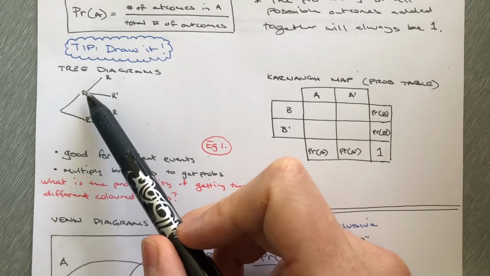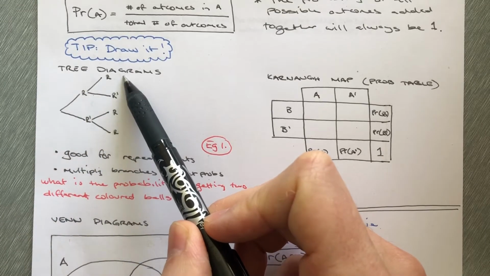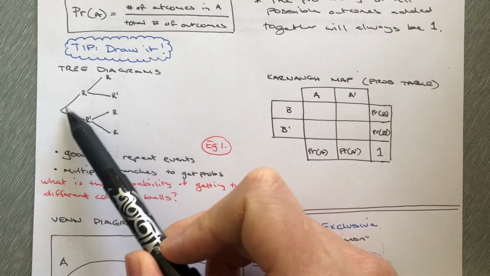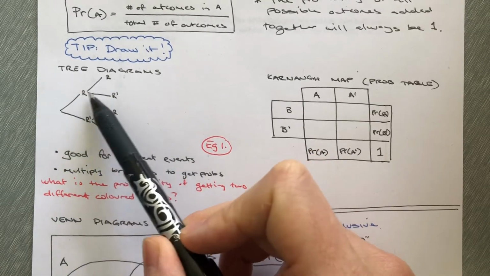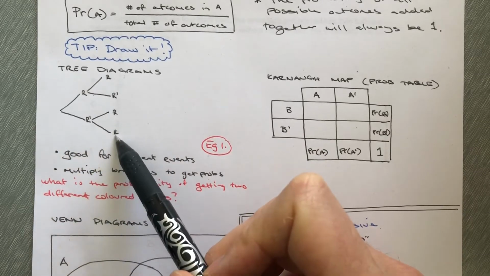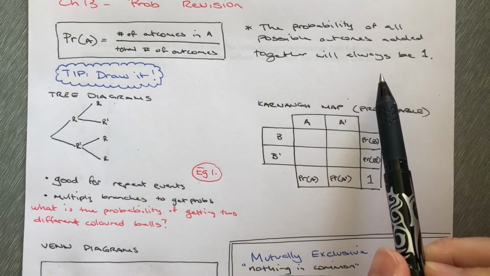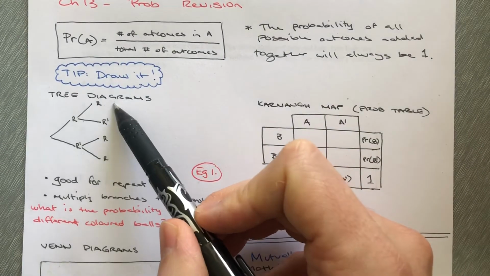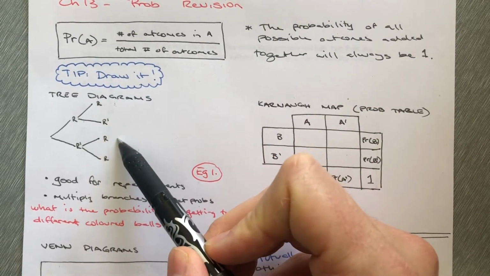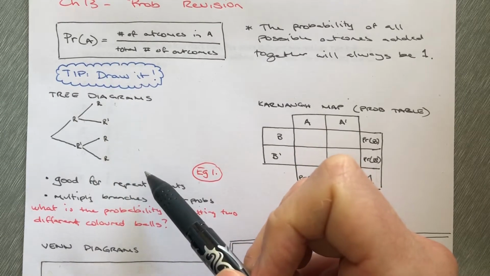The probability that we get red and then red would be multiplying these two together, and we'd put our probability there. The probability that we get red and then not red, we'd multiply those two together and put our probability there. Same with those two as well. So remember, from up here, probabilities always add to 1. If we added that probability, that probability, that probability, and that one there, it should end up adding to 1.